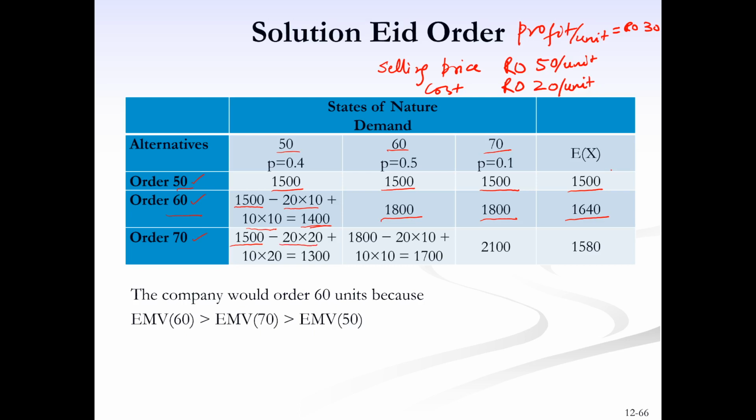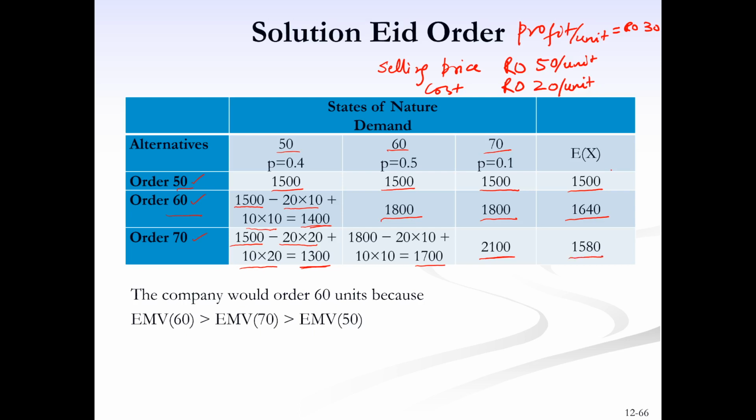But these 20 units can be sold at the discount store at 10 Riyals per unit. So this is 20 multiplied by 10, and eventually we get 1300 payoff. And similarly here we get 1700 payoff, and if we order 70 units and are able to sell 70 units, then we will make 2100 Riyals, and this is the expected value.